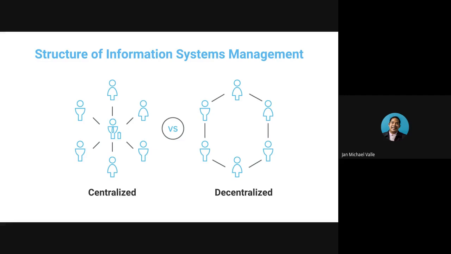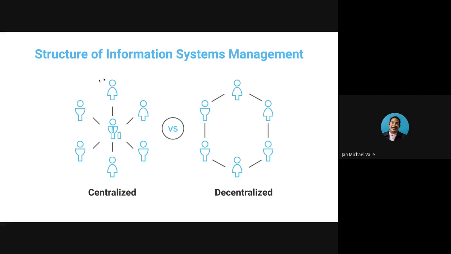So for centralization, this is basically you have a very strong control. You have a center point here who has the power to decide on most of the things. So for example, you have in your company, let's say, your functions: you have marketing, you have sales, operations, manufacturing, and then you have your own IT or IS department.